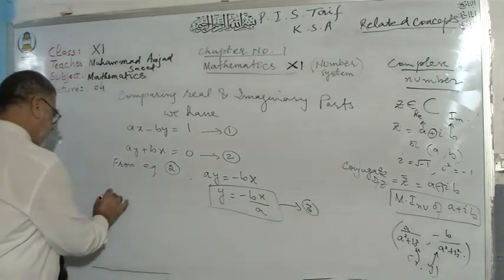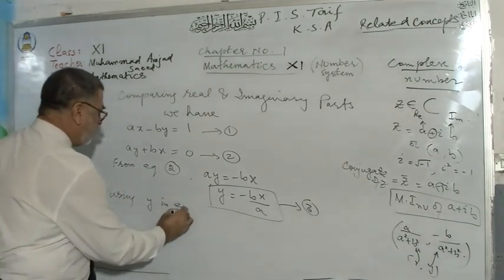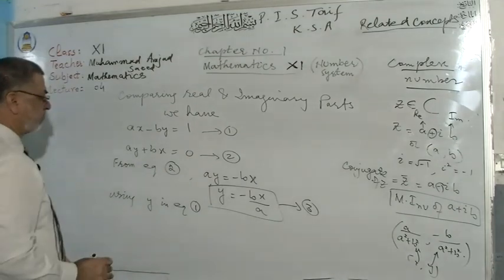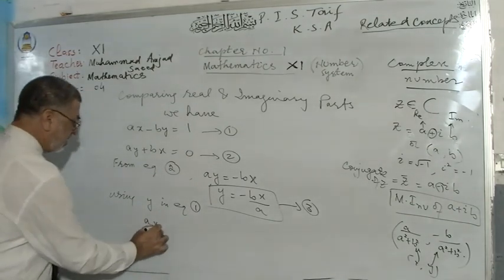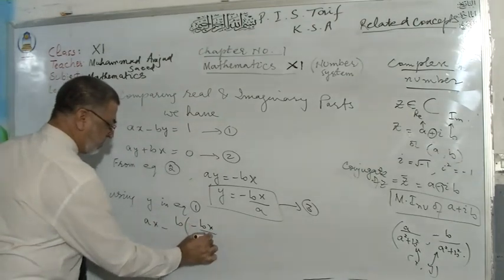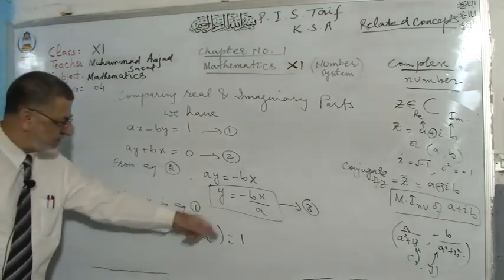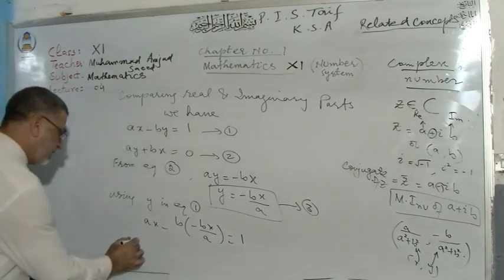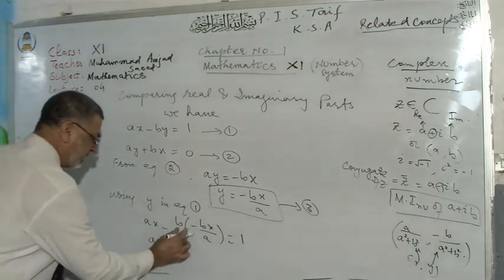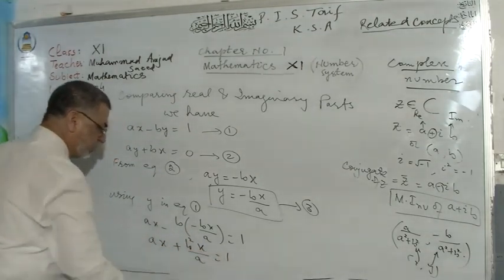Using y in equation 1: ax minus b into minus bx over a is equal to 1. Putting the value of y here, ax plus b square x over a is equal to 1.